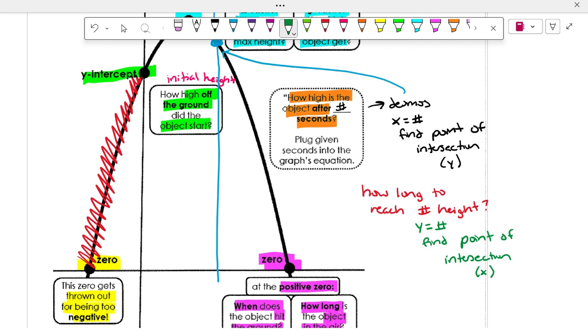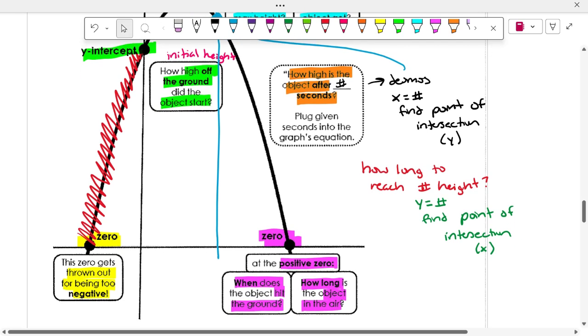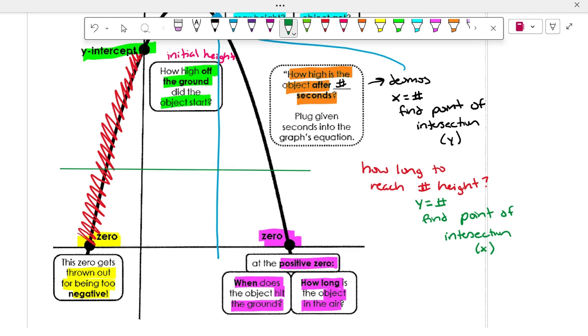And specifically, your answer will be the x value. And make sure that it makes sense in terms of context. So if I had that y value, it would be a horizontal line, two x-intercepts. In context, we would use the positive one.